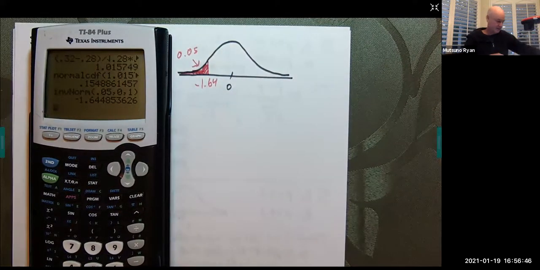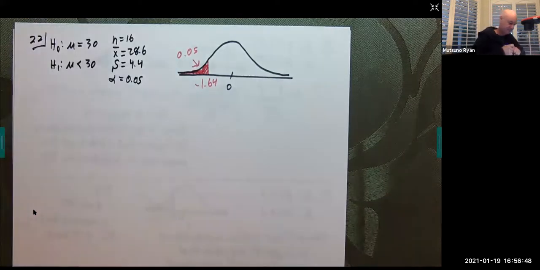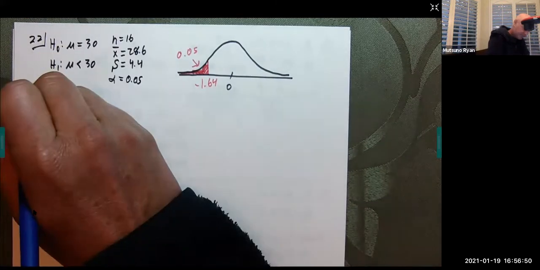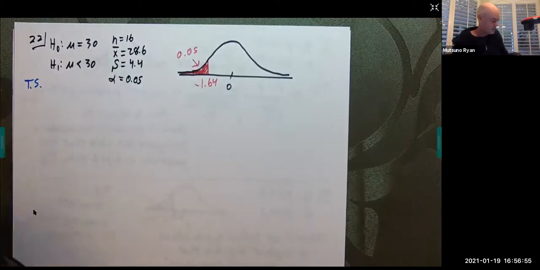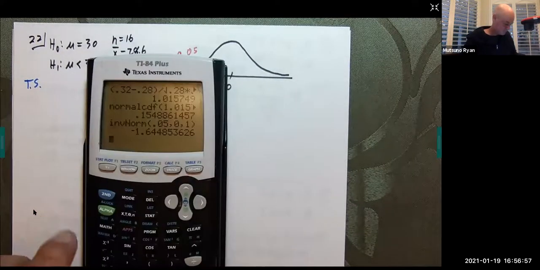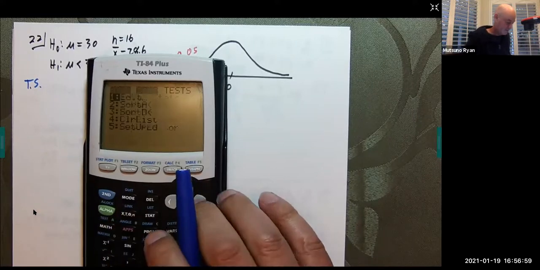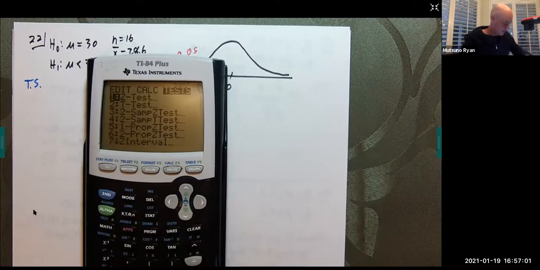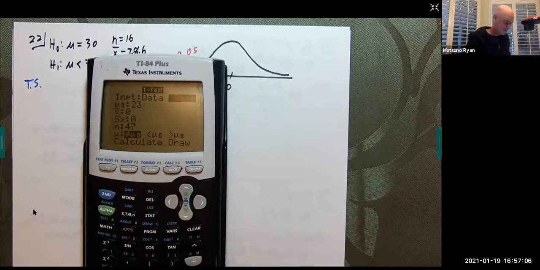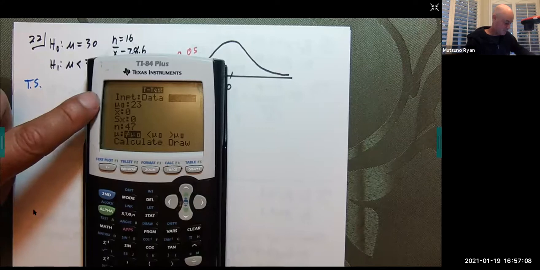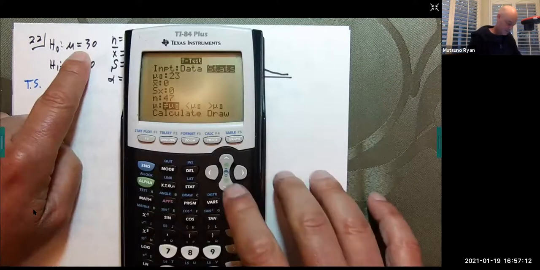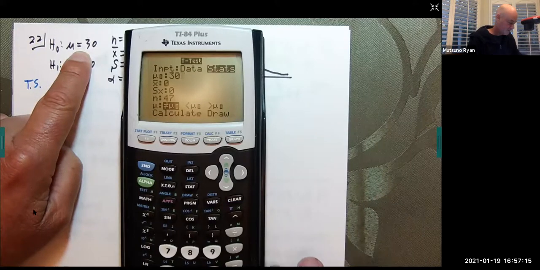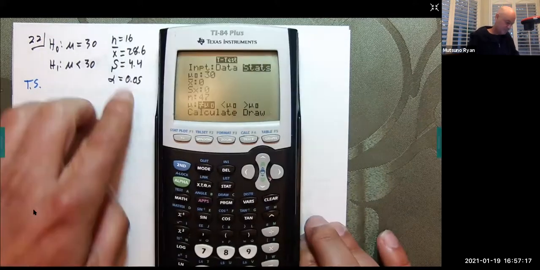All right, now to the test statistic. Now, to be clear, this is a one sample t-test. Which with the t, I forgot to just call it a t-test. And you can see we're going to use our stats. So we have mu is 30, x bar is 28.6.